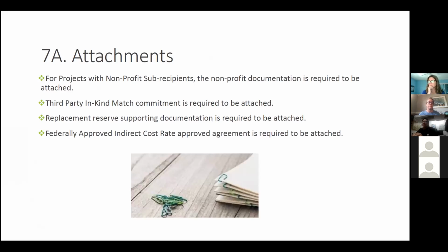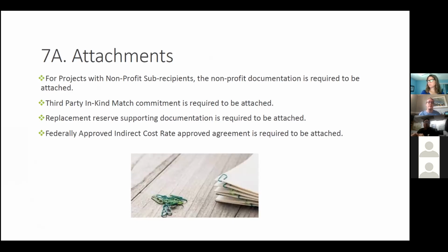All right, your attachments. For attachments, there are 4 documents you may have to put in here, and this is only for subrecipients. The nonprofit document has to be attached, and that's in the first attachment box. If you have third-party in-kind match, you have to attach that.